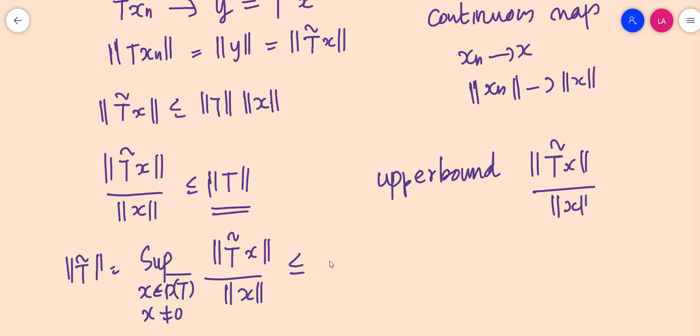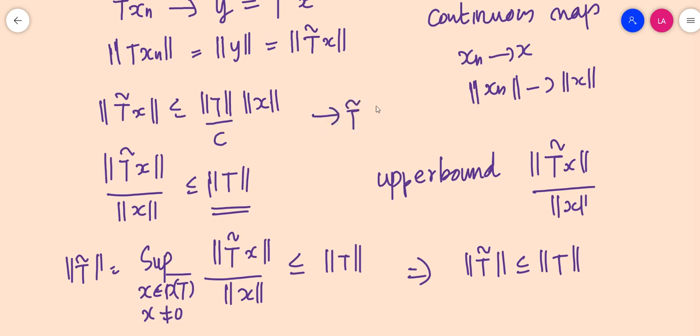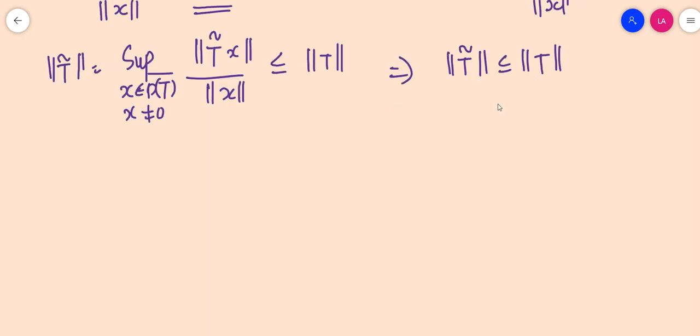So this should be less than or equal to norm T, which implies that norm T tilde should be less than or equal to norm T. And if you take this as C, you can clearly understand that T tilde is actually bounded. From this, norm T tilde should be less than or equal to norm T.